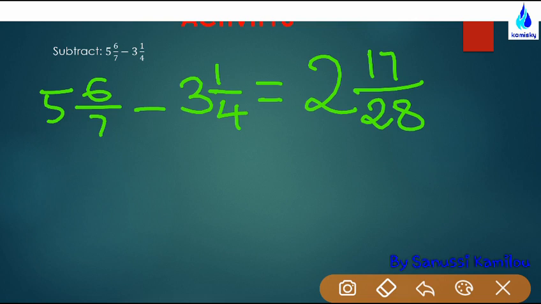Congrats, class. You are doing very well to follow up to this level. You see that what we did last time in addition is the same thing over here, just that the operation has changed. Today we are learning subtraction. Thank you very much.